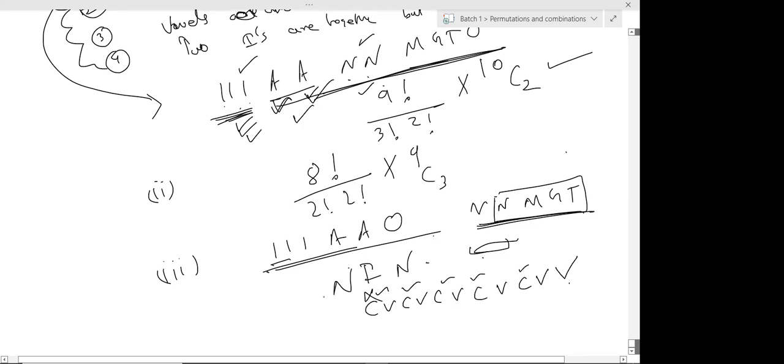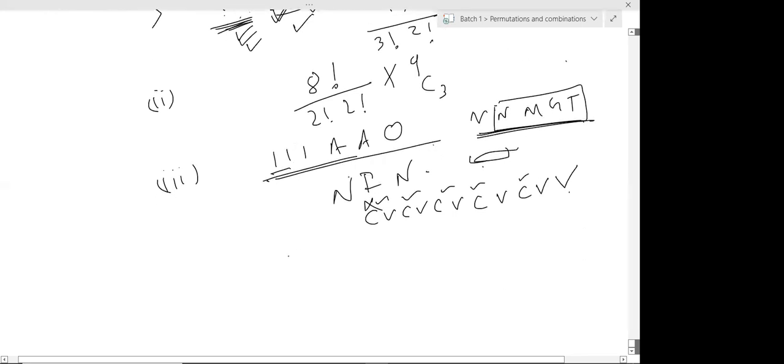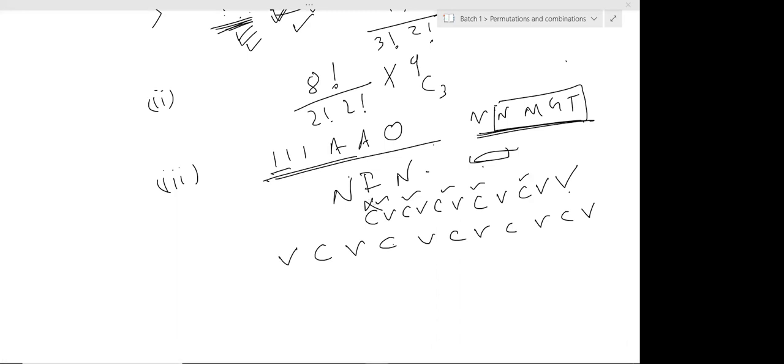Is this clear, everyone? Yes, sir. So what will be the case? A vowel, consonant, vowel, consonant, vowel, consonant, vowel, consonant, vowel, consonant, vowel, like this, right? So how to do this? First, let's arrange all the vowels.